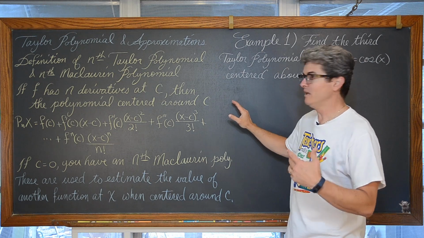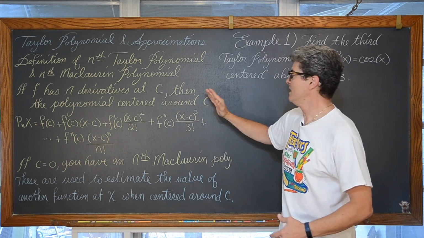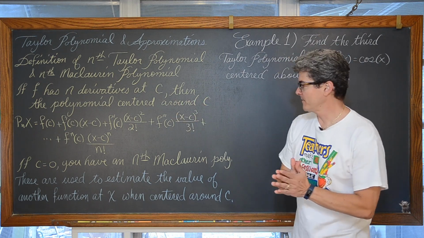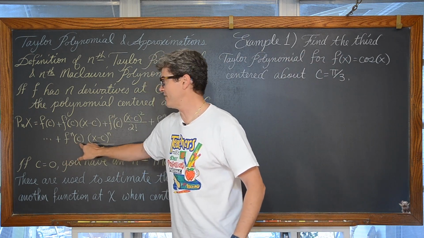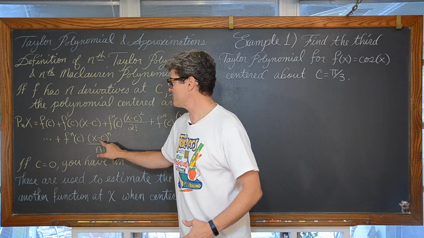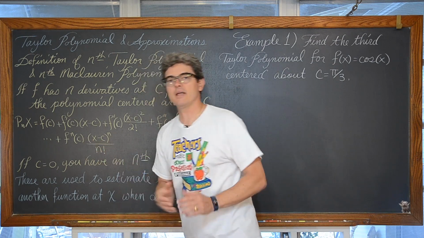The next term will be the fourth derivative, fourth power over 4 factorial, and so on until we get to the nth derivative of f of c times x minus c to the n power over n factorial.